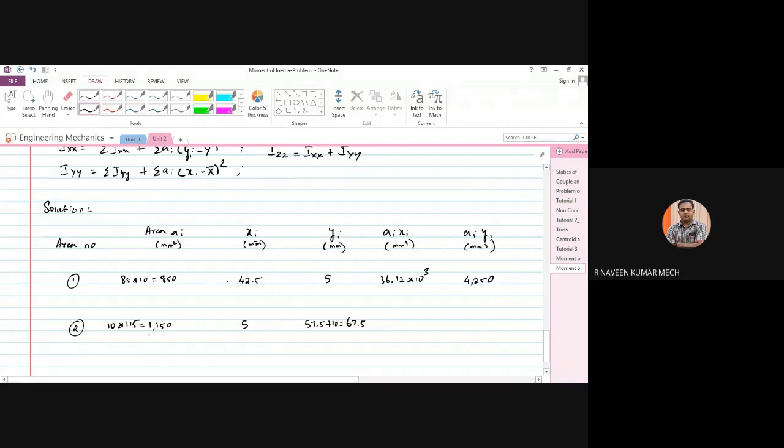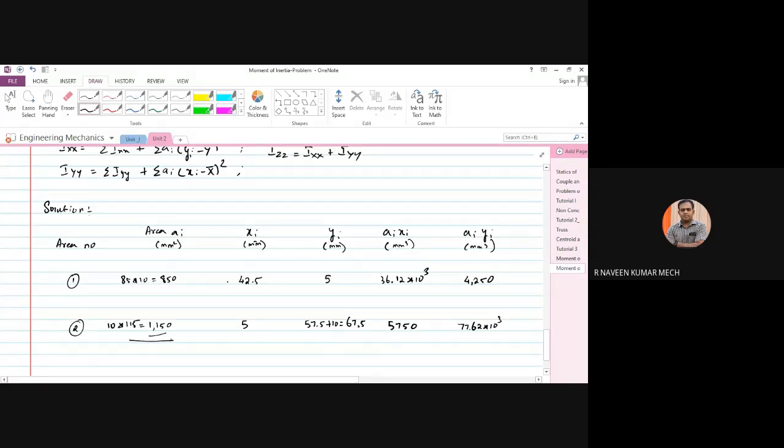Similarly here, 1,150 into 5, we get 5750. 1150 into 67.5, we get 77.62 into 10 to the power 3.